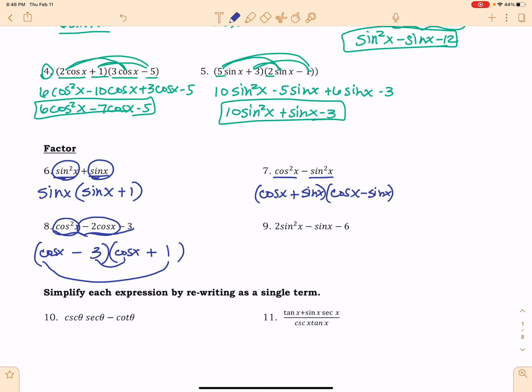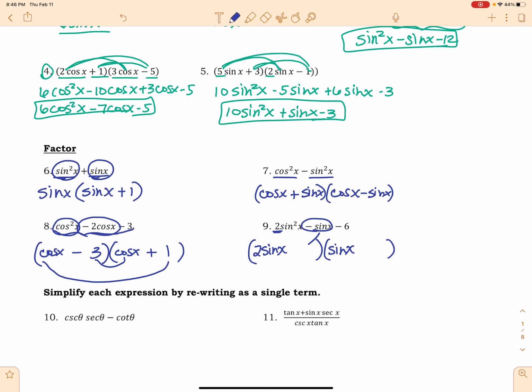Okay, number 9 is a little trickier because now we have a coefficient other than 1 in our lead term. So we are going to do this again, and then we've got 2 sine x and sine x. So now we want factors of 6 in these two positions that are going to combine here in a product and here in a product and then add to give me a negative 1 sine x. Okay, so let's figure out what those values are going to be.